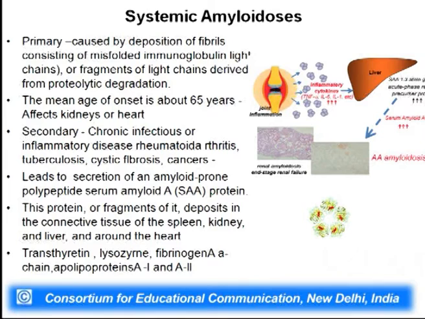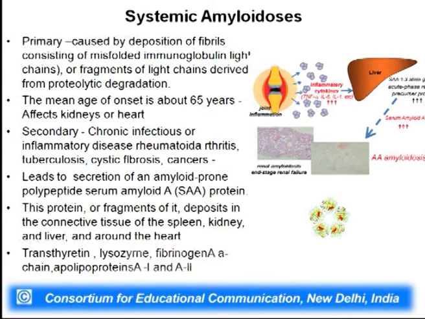Then we will talk about some systemic amyloidosis which are non-neurological. Here you will have the primary systemic amyloidosis, which is caused by deposition of fibrils consisting of misfolded immunoglobulin light chains or fragments of light chains derived from proteolytic degradation.